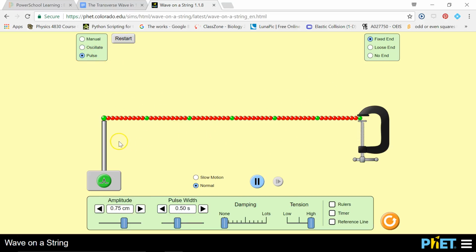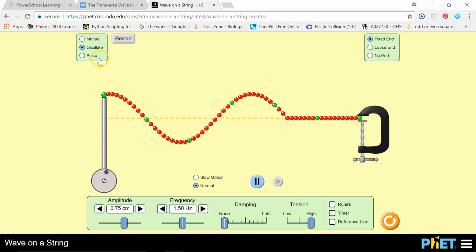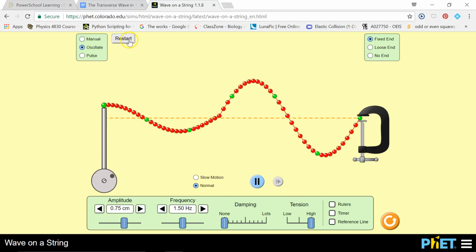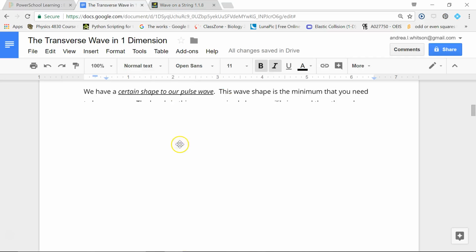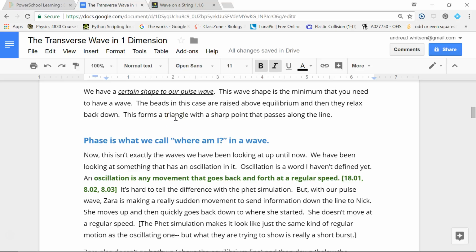It's an almost instantaneous thing of electricity that goes really abruptly, right? So that's why they're showing it as a triangle going down there, much more than a smooth wavy waveness. Okay, but there's a certain shape to our pulse wave.